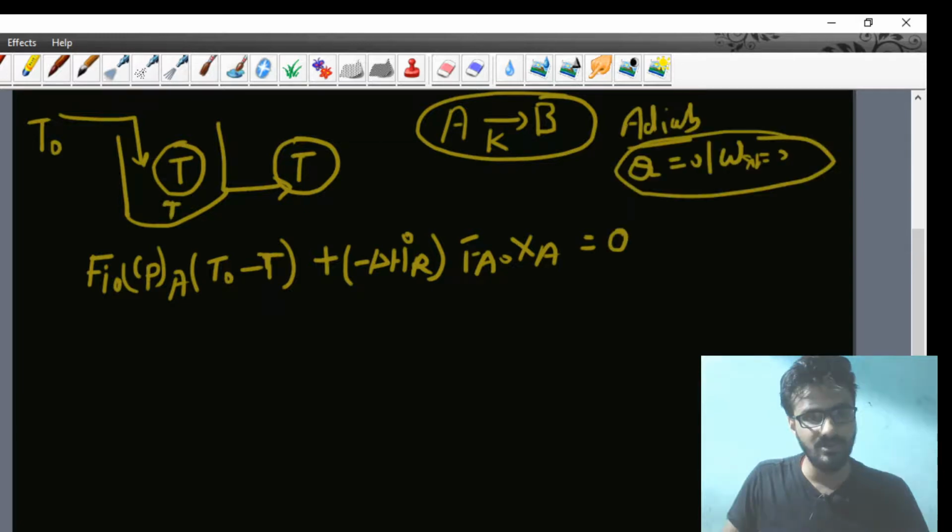Now this is just a mathematical operation, nothing is left in this derivation part.